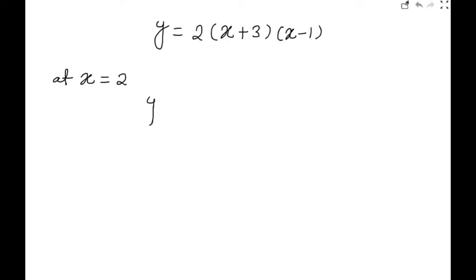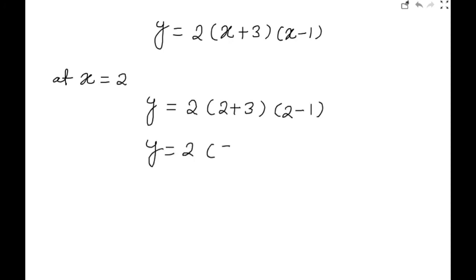We can get a single point right away like this. We substitute x as 2. y came as 10. So the other point we can consider is 2 comma 10.